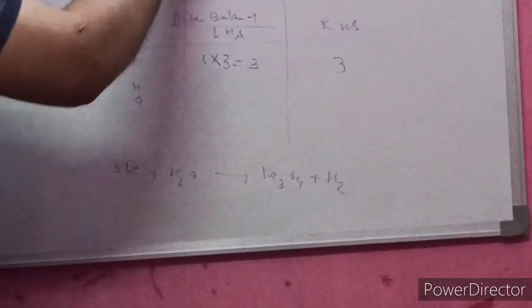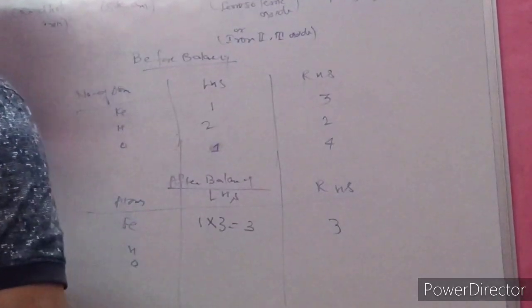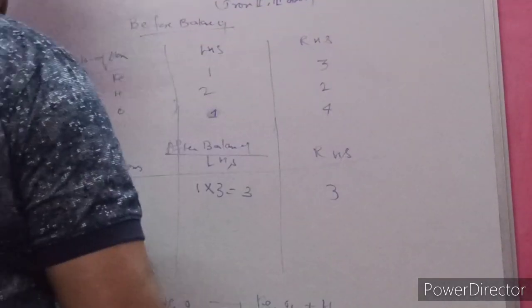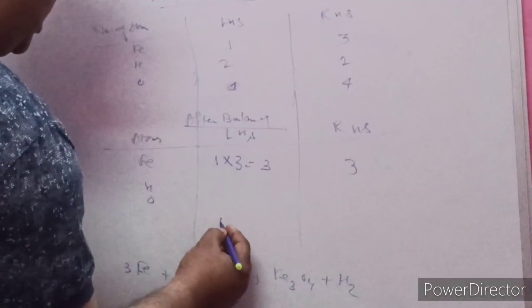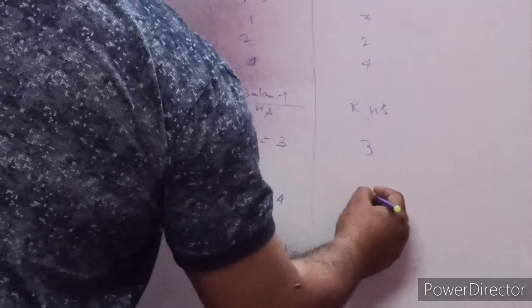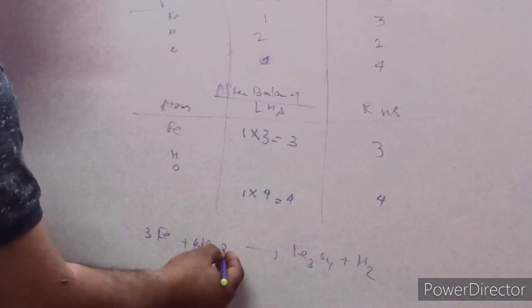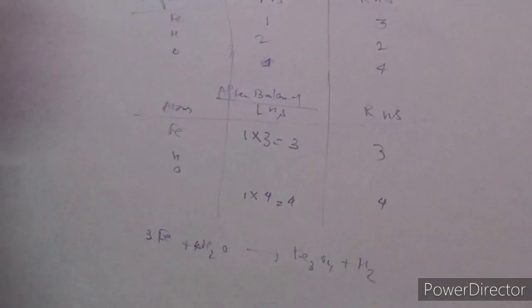Now hydrogen is 2 here and 2 here. But oxygen is 4 on the right. If I multiply the oxygen on the left by 4, it becomes 4 here, and here it is already 4. So it should be 4H2O.